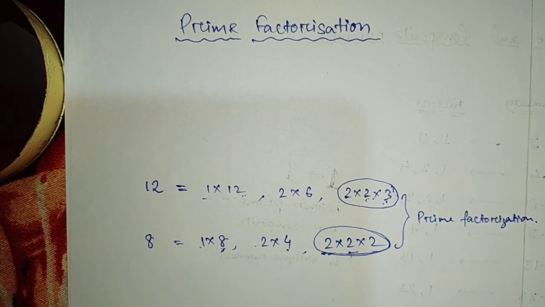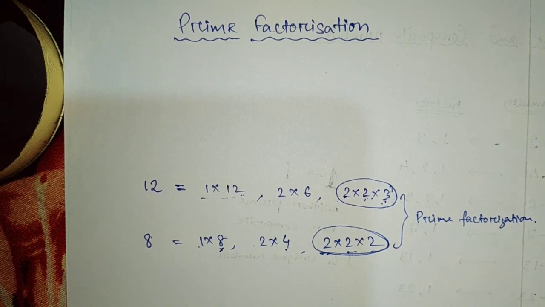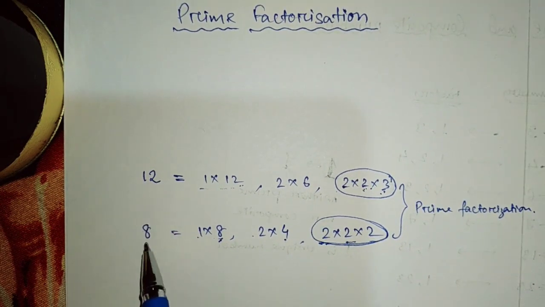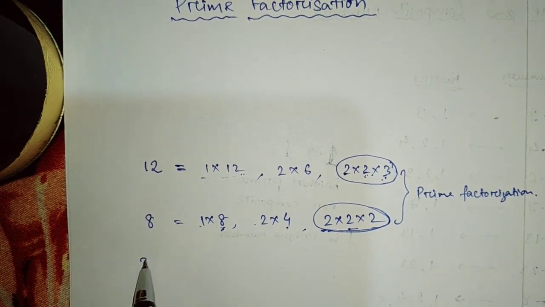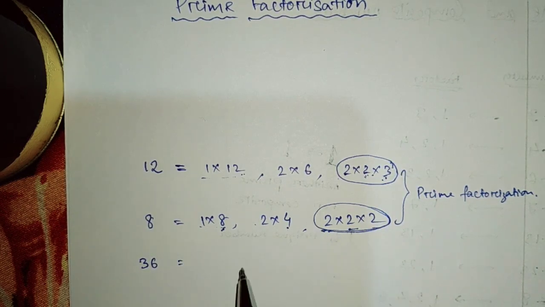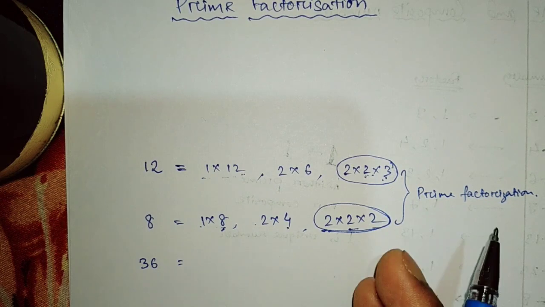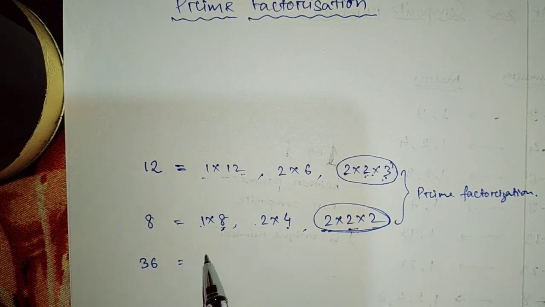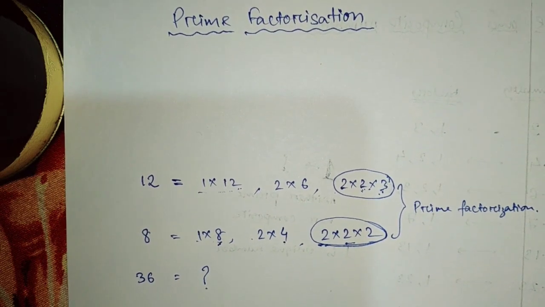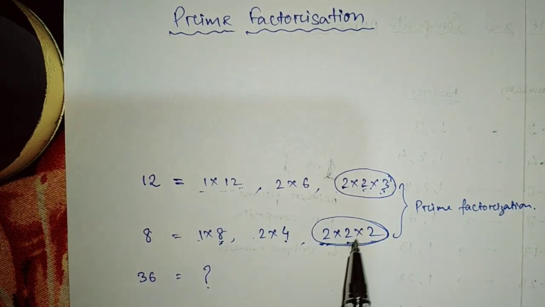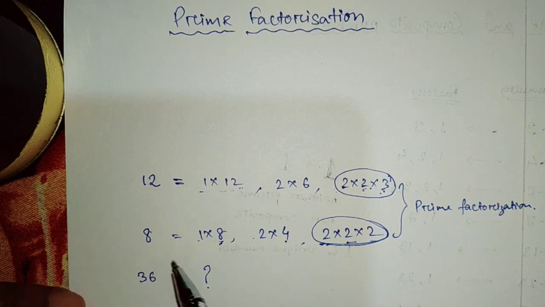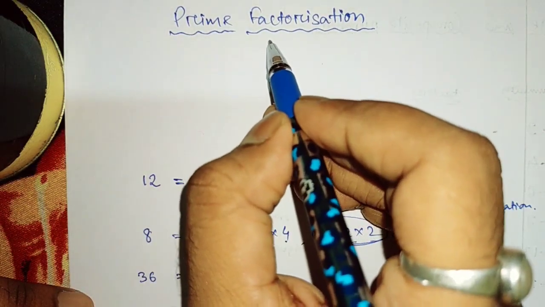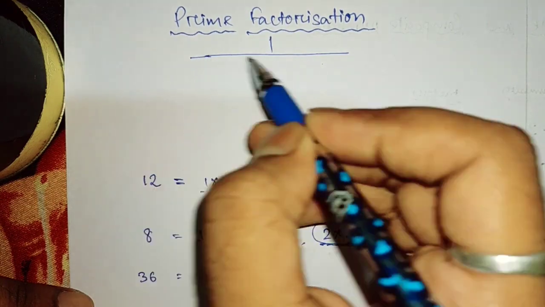Now suppose these are smaller numbers. Suppose a bigger number is given, say 36. How do we find the prime factors? How do we know that 2 into 2 into 3 into what will be 36? That becomes a question. For prime factorization of any number we apply two methods.